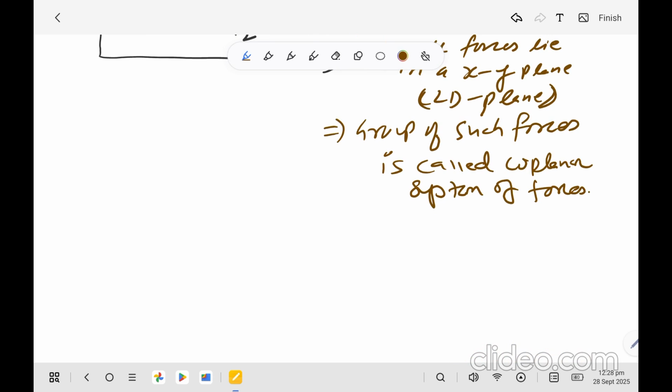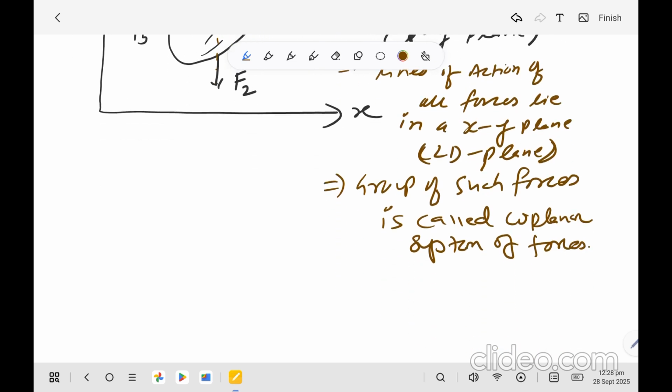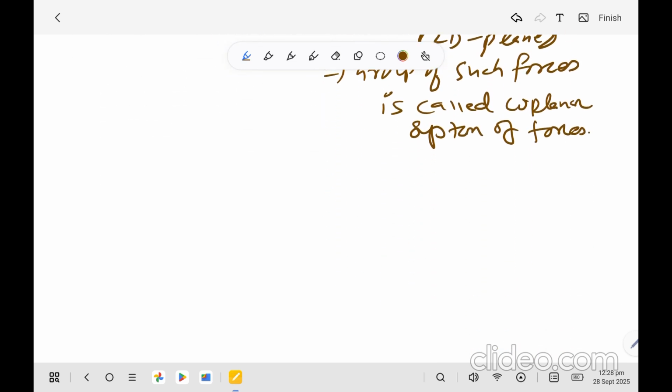So now, depending on the line of action of these forces, we can again divide the coplanar system of forces into different categories.